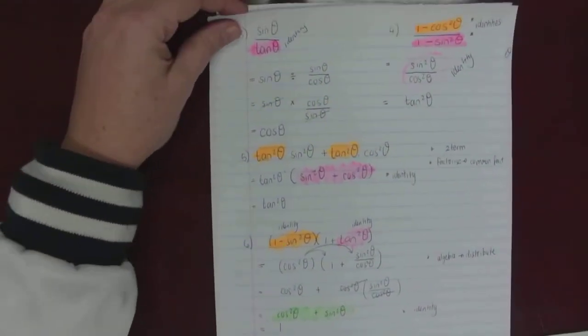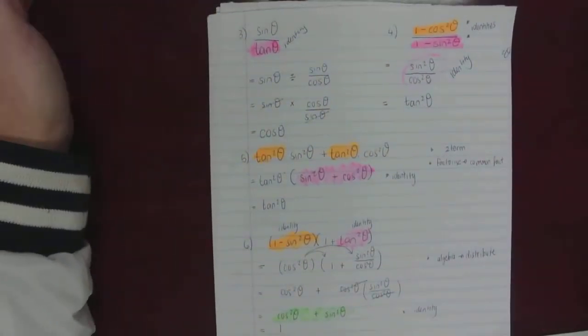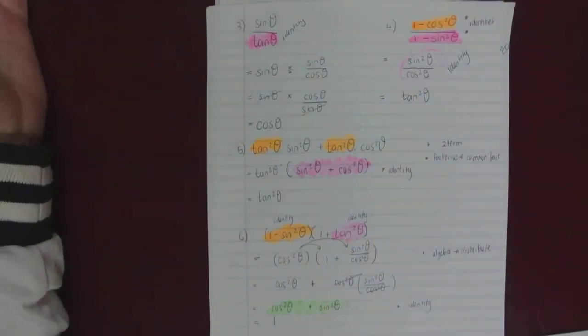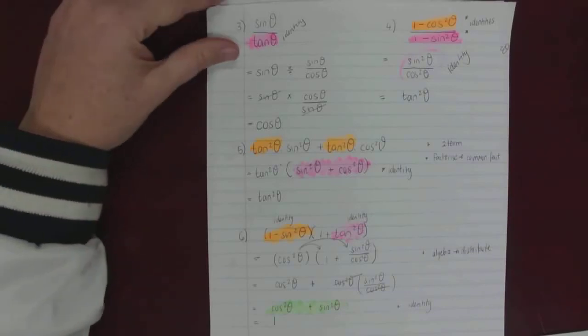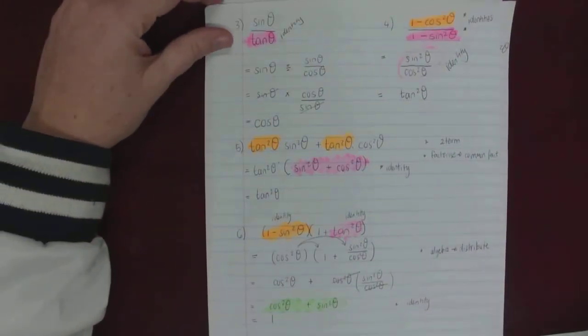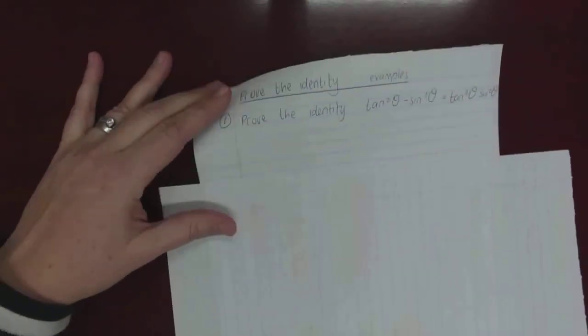Okay. So that was just a bunch of examples of how to deal with the identities using expressions. Now we're going to take these expressions and take them into equations. So why did I do that bit first?